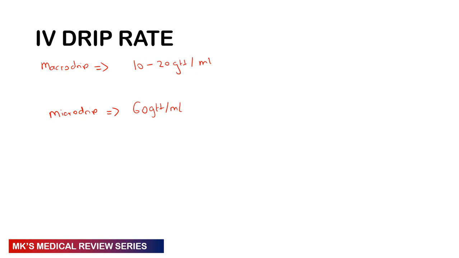But here is the formula if you do not have an infusion set. Our IV drip rate, which is calculated in drops per minute, is how many drops this patient needs in a minute.